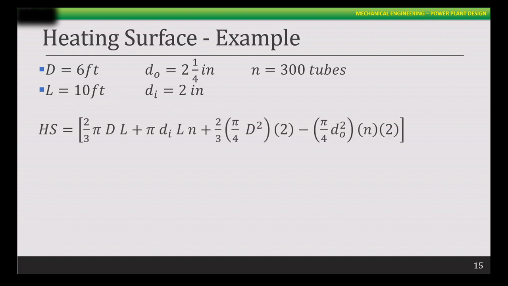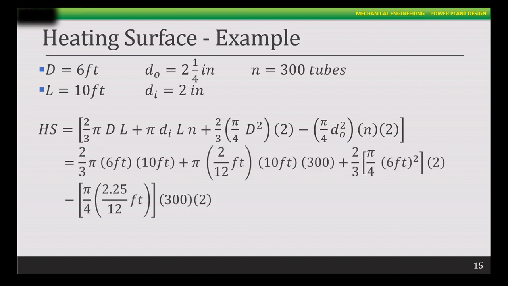So if we compute for the heating surface, we have 2/3 pi D L N plus 2/3 pi over 4 D squared times 2 minus pi over 4 D o squared times N times 2. So we just substitute all the values.